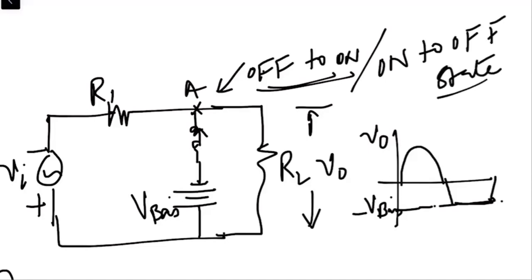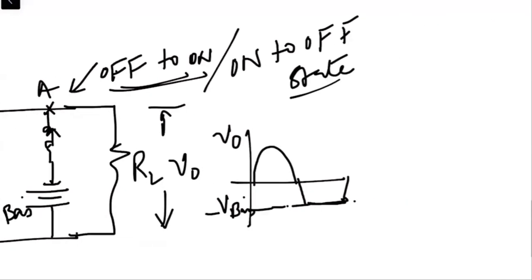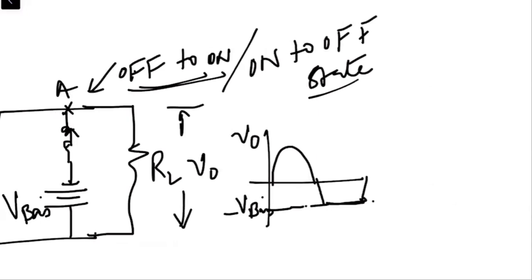So in this output, at the line which we have drawn with the V bias, we can say on this side we have the off state of the diode, and on this side of the line we have the on state of the diode. Are you with me?